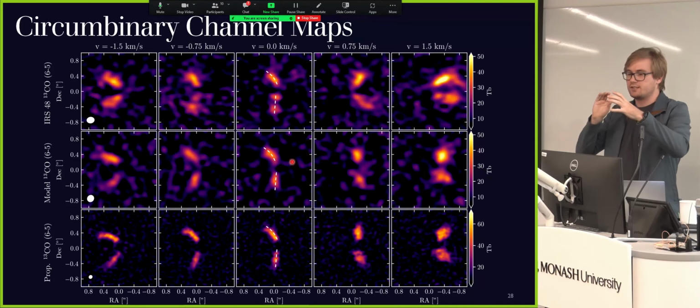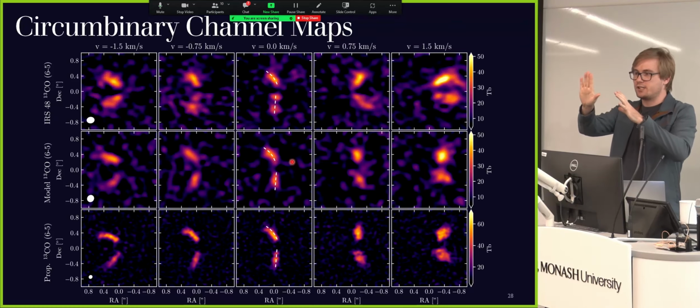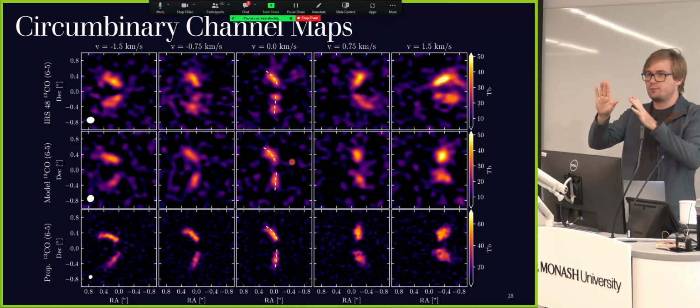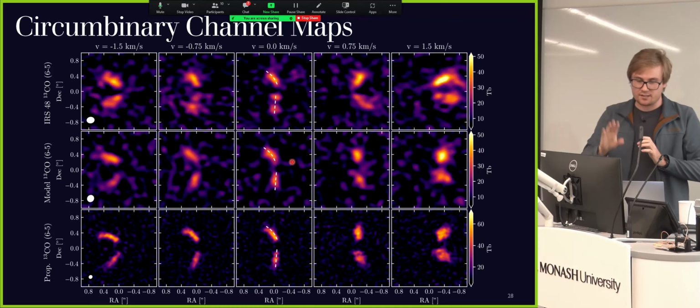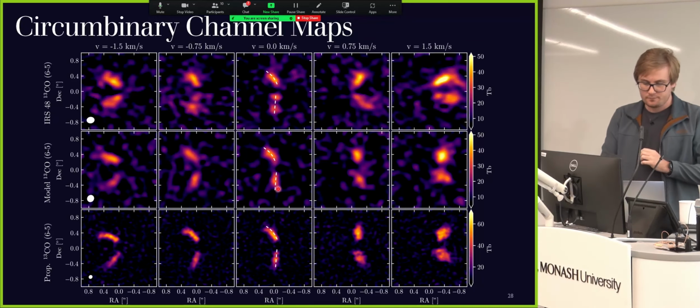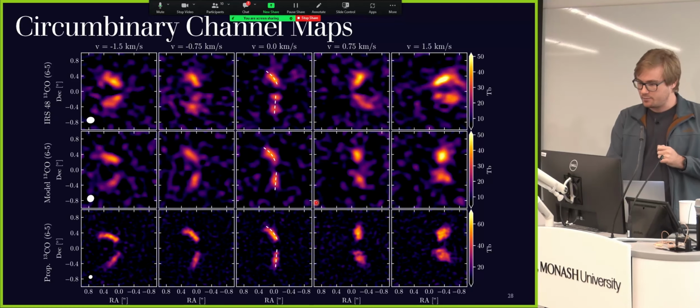We're looking at one side of the disk that's moving a lot faster than it should be. If it was in a circular orbit, not eccentric, then that material wouldn't be moving as fast as it is. So the circumbinary disk model does a much better job of recreating the velocity map of IRS-48.